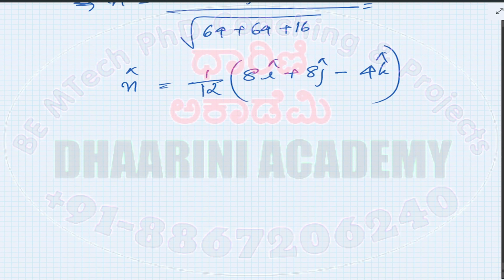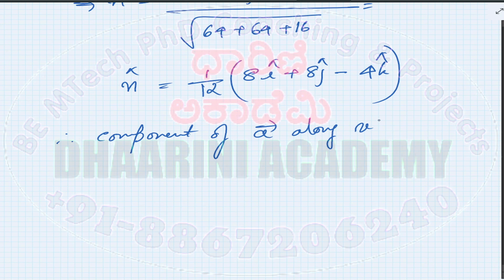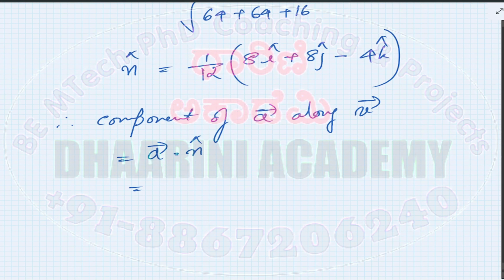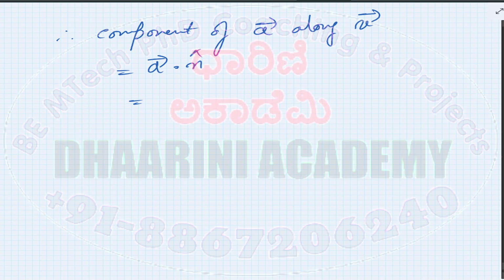Okay, this is the n cap. Now I need to find the component of A. Therefore, the component of A vector along V vector is nothing but the vector A dot n cap. We already know this from the basics. So let's substitute the values now.